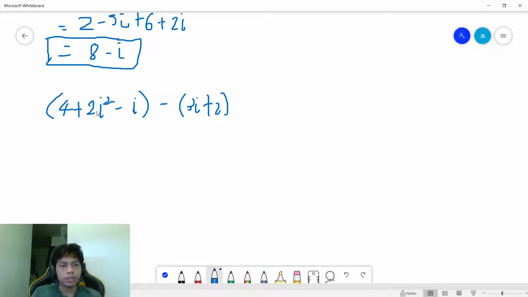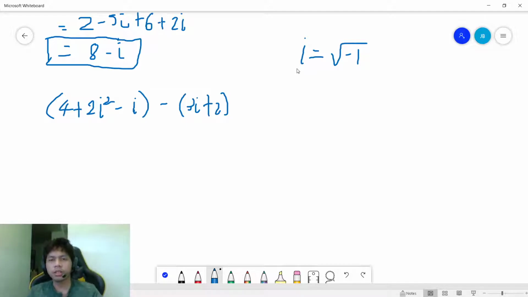So once again, i is equal to the square root of negative 1. That's why it's called imaginary, because there's no such thing. So the square root of negative 1 is imaginary. If we square both sides, this was what I explained earlier, no? So you can have i squared is equal to negative 1.